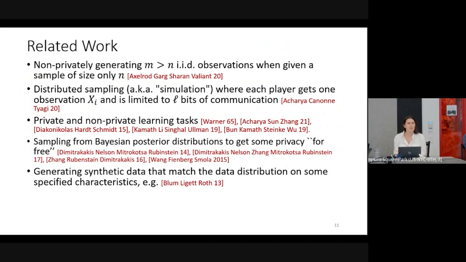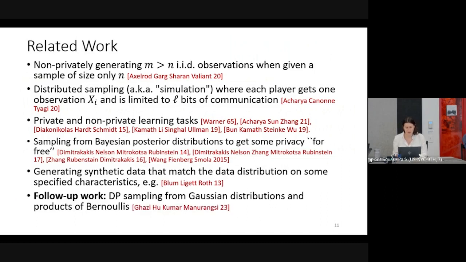This is also, of course, related to generating synthetic data that has characteristics that you want. And quite recently this summer, actually, there's been immediate follow-up work on sampling from Gaussian distributions and products of Bernoullis by some folks at Google and I think University of Waterloo.